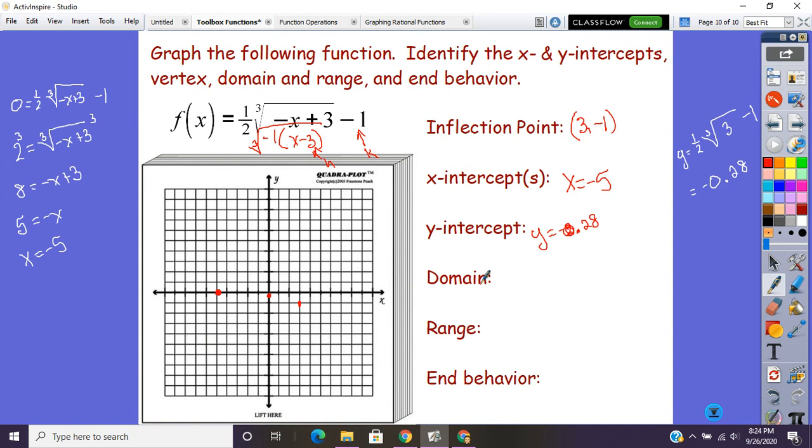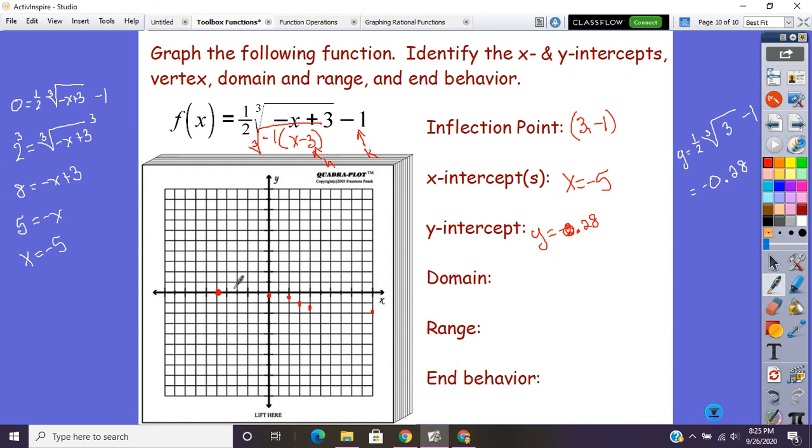So 1 is ugly. 2 would be -1/2. 3 should be -1. 4 is negative 1.5. 5's not good, 6 not good, 7, 8, 9, 10. 10 is negative 1.95, so that is almost a negative 2, basically.